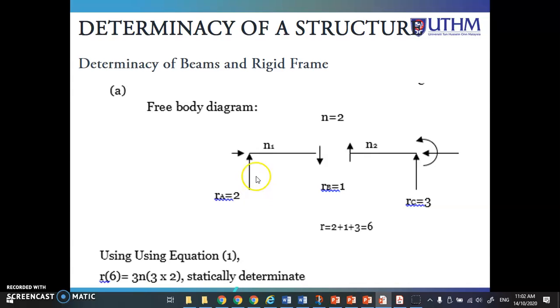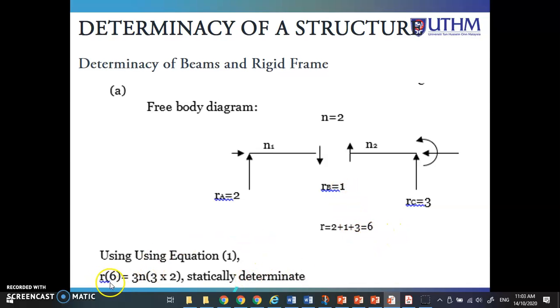So reaction, tadi kita ada kat sini, at A we have pin, so pin will have 2 reaction. At B we have roller, so we will have 1 reaction. And at C we have the fixed support, we'll have the 3 reaction. So R summation 2 plus 1 plus 3 is equal 6.